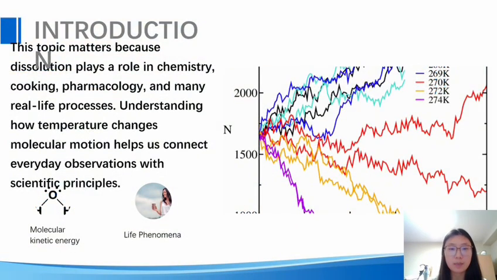In this experiment, I explored how the temperature of water influences the time it takes for a sugar cube to dissolve completely. This topic is meaningful because dissolution plays an important role in many fields, such as chemistry, cooking, pharmacology, and everyday situations.